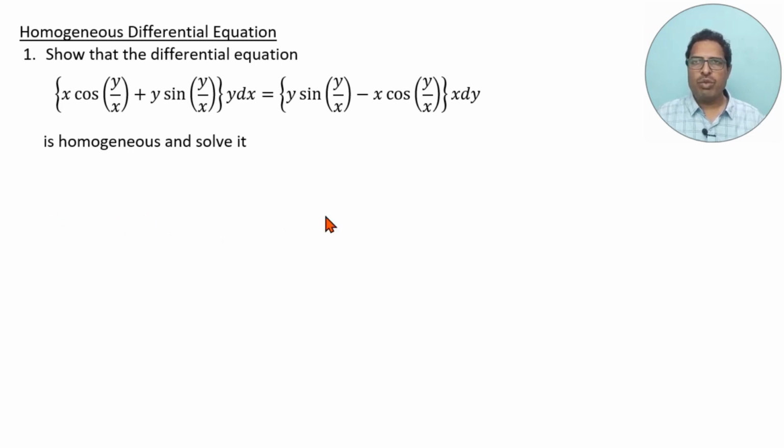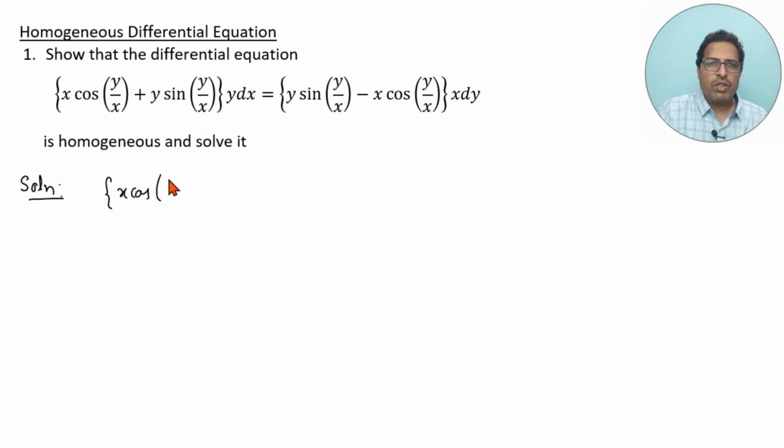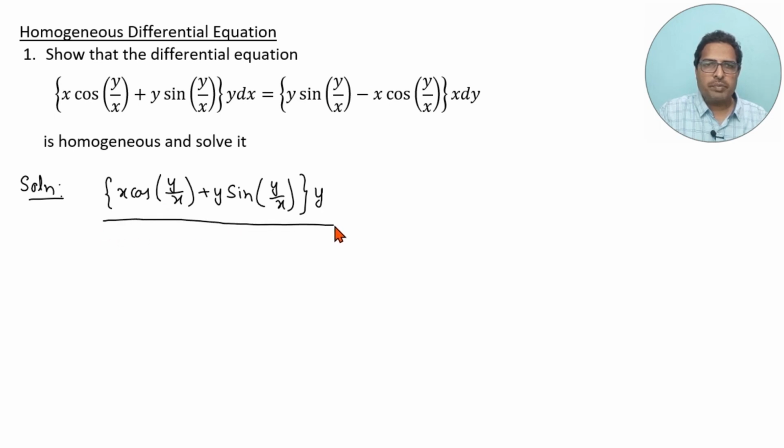So let us first try to express it in the form of dy/dx. Retain this expression, x cos(y/x) + y sin(y/x) times y, as it is, and send the entire expression on the left-hand side by cross multiplying.